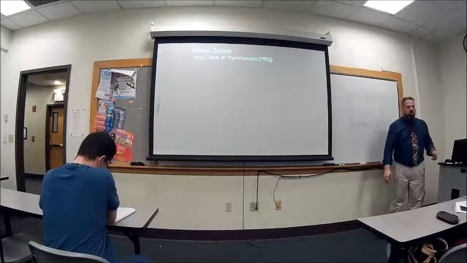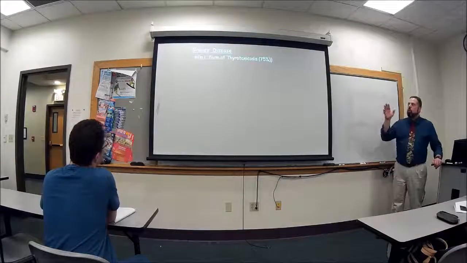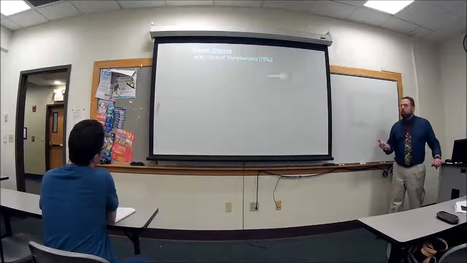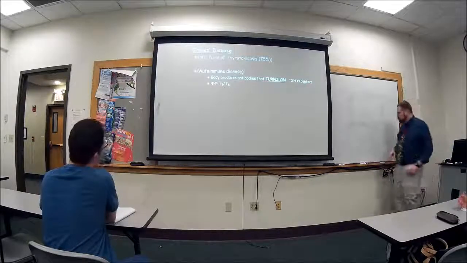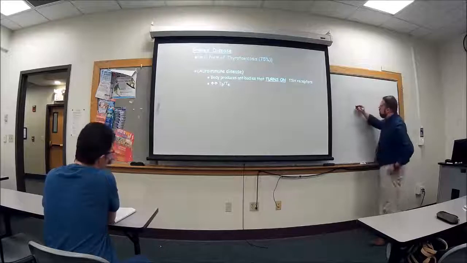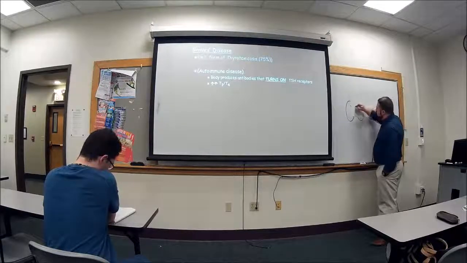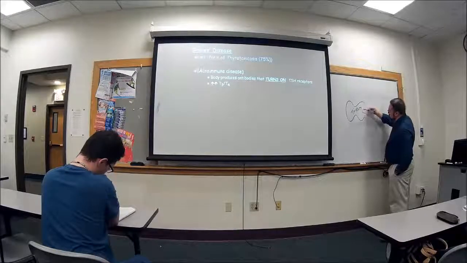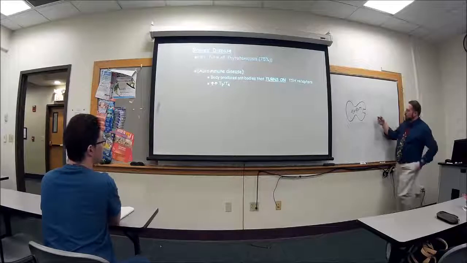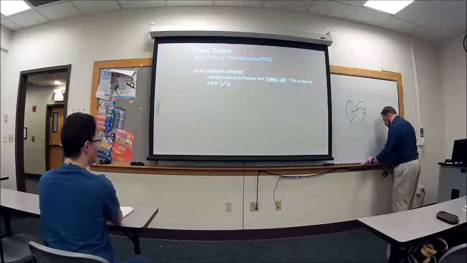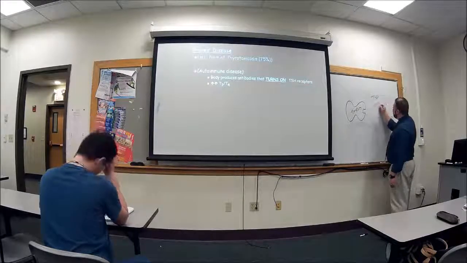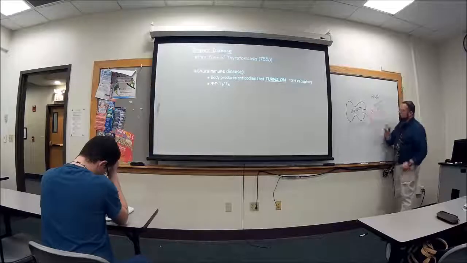So 75% of cases of thyrotoxicosis is Graves' disease. More women have this than men. This is an autoimmune disease. So let me explain what's going on here. You normally have this thyroid, and there is a receptor here that TSH is able to go in.